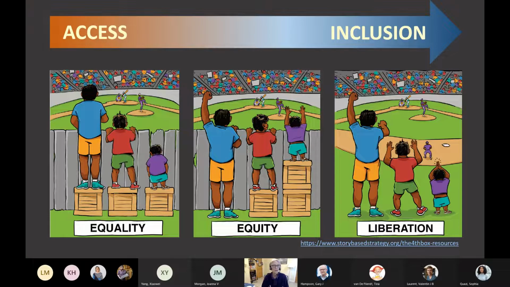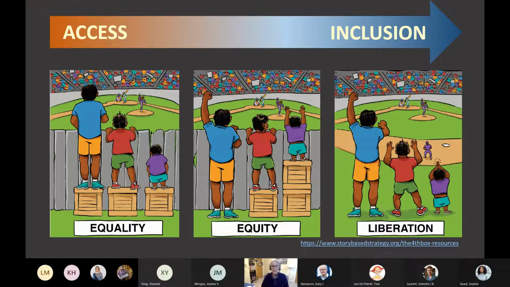So we can give our students different types of accommodations or numbers of boxes to stand on so that they can participate in watching this baseball game. But if we take away the fence, or even better, we just don't put it there in the first place, then that experience becomes inclusive for everybody.